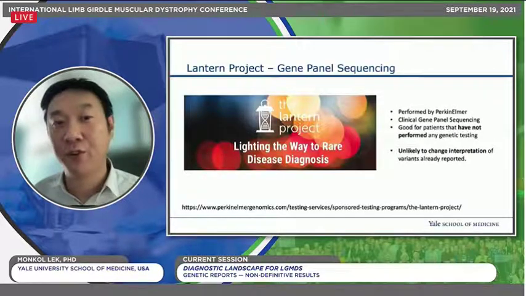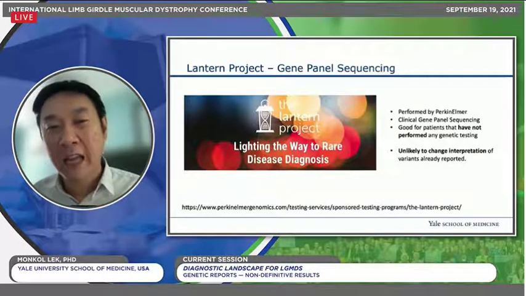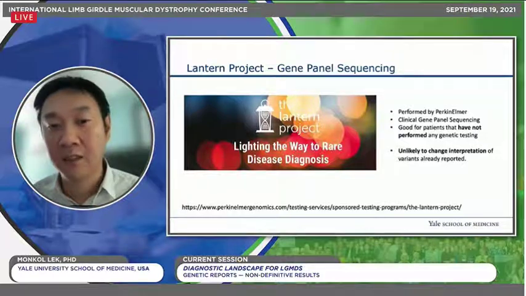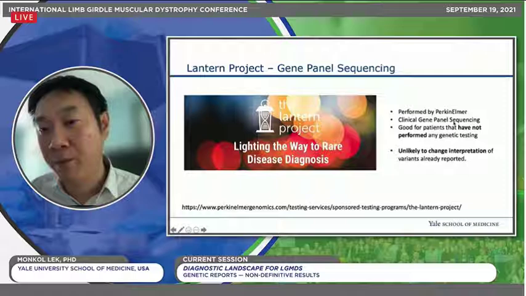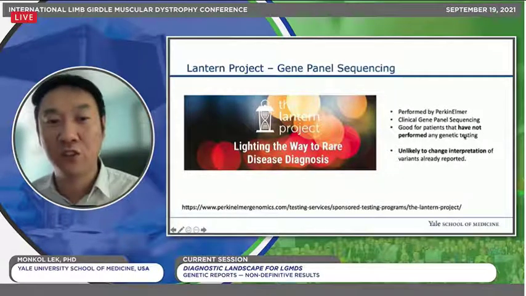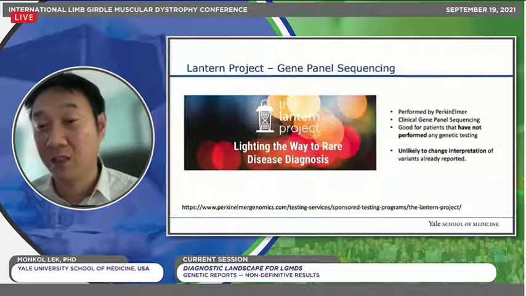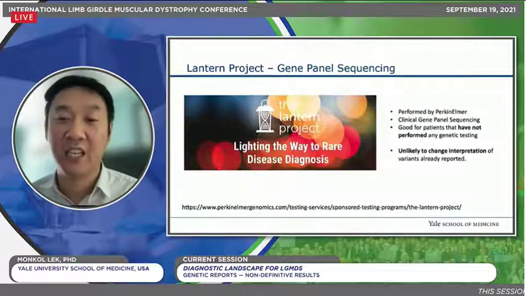The first is the Lantern project, where they perform gene panel sequencing, and this actually replaces the Emory Genetics Lab gene panel, and this is performed by PerkinElmer, where they perform clinical gene panel sequencing of all the genes known to be associated with limb-girdle muscular dystrophy and the ones that are very similar to limb-girdle muscular dystrophy. And this is good for patients that have not had any genetic testing.